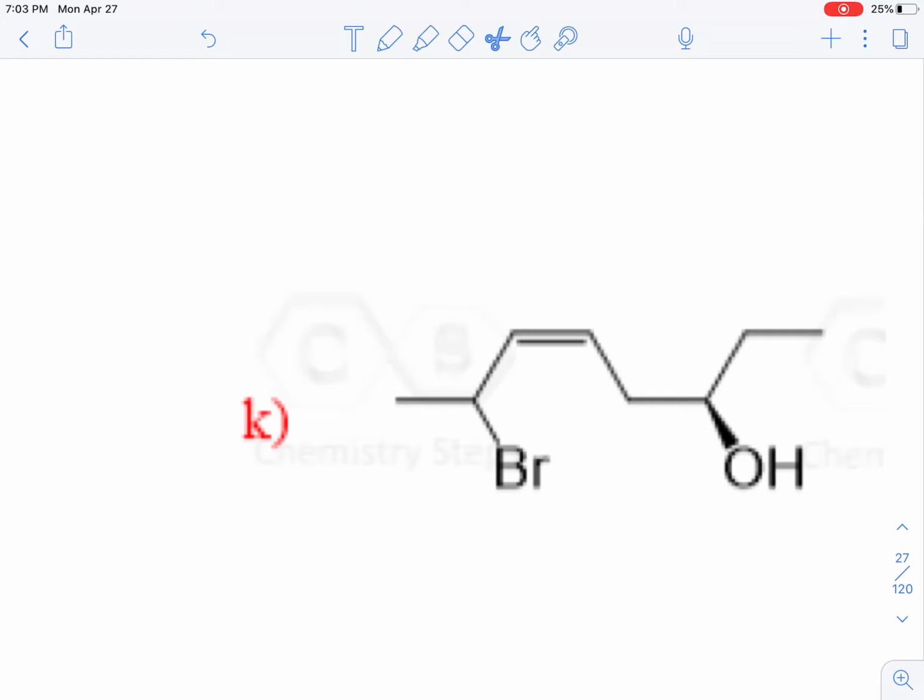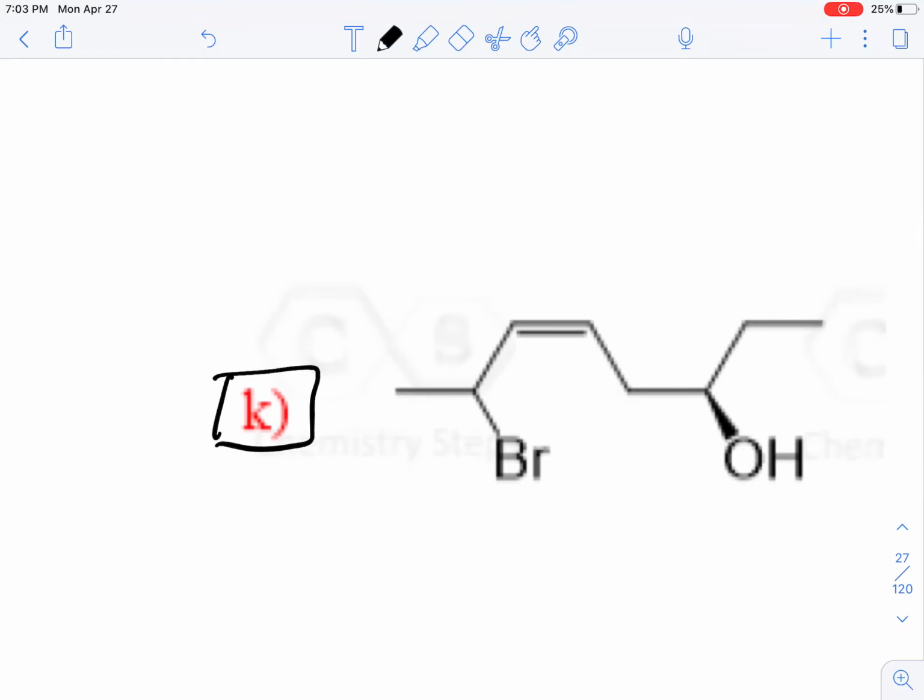Okay, and so let's look at K. So K is not cyclic. So not a cyclic alcohol. So here's my alcohol, and it's not cyclic, it's a straight chain.